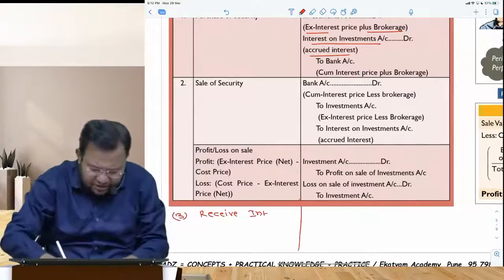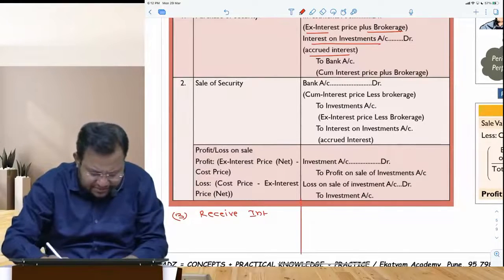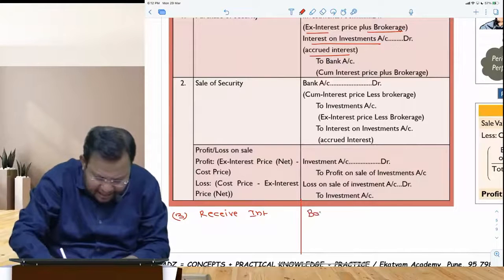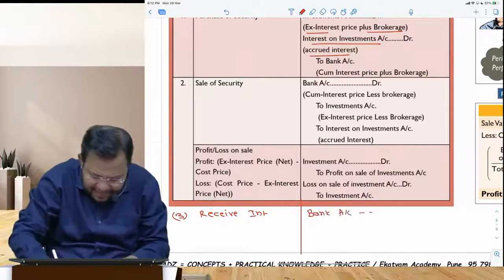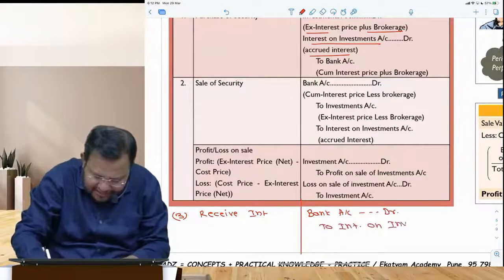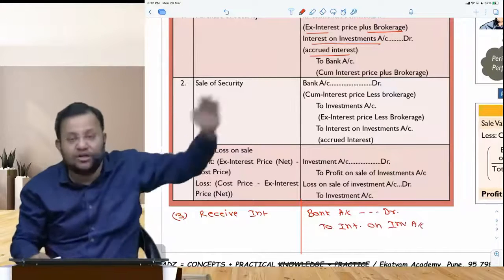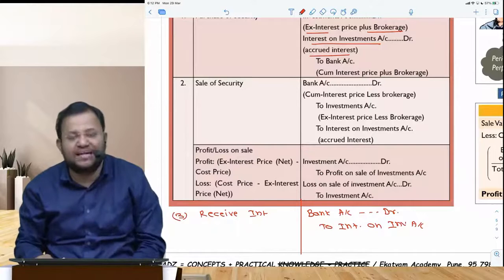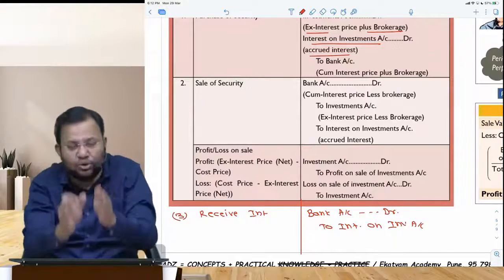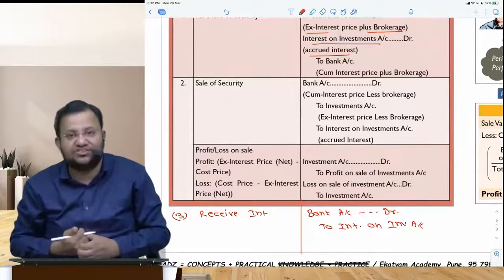Whenever we receive the interest, we simply say bank account debit to interest on investment account. So automatically the balance in interest on investment is transferred to profit and loss account at the end of the year. That balance absolutely reflects interest for the year.